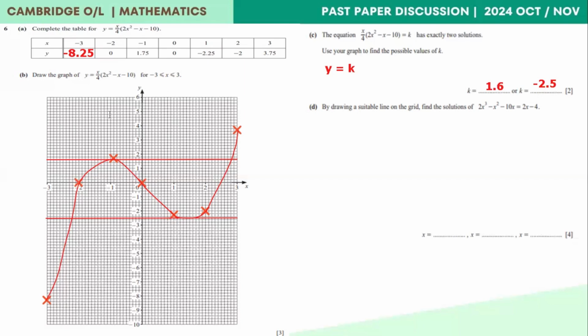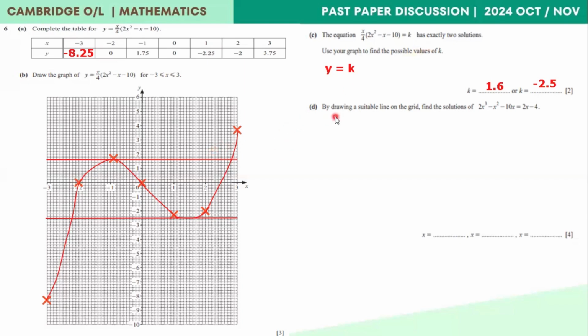So I hope that's clear. They want you to find two values of k such that it gives you two solutions. Two solutions mean it should have two x values.